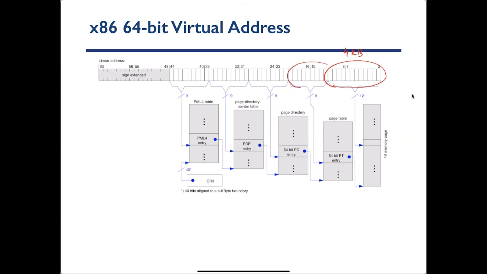So 9, 9, 9, 9. Each one of them uses 9 bits. In the 64-bit system, the design choice was for each page table entry to be 64 bits rather than 32 bits. So the size of each page table entry is 8 bytes.